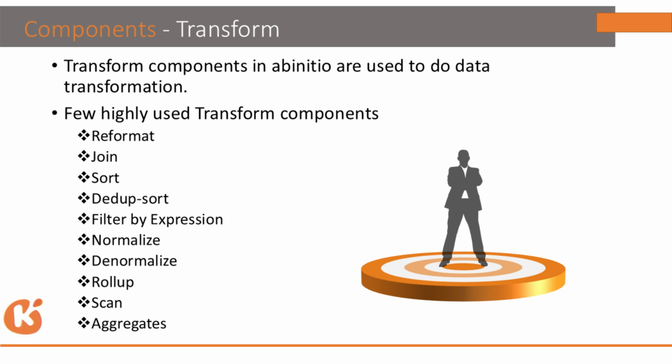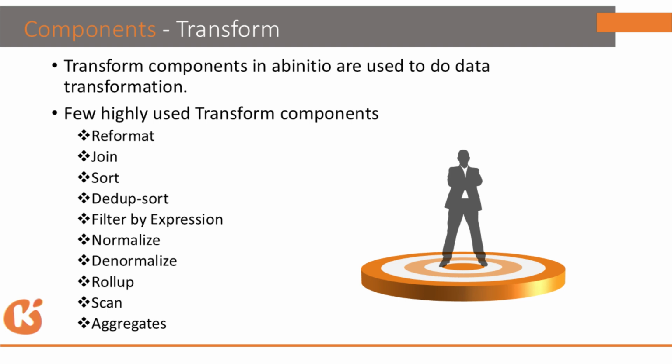We'll take one component at a time and see what different types of parameters that component needs, how to give parameters to that component, and how that component behaves during runtime using those parameters. This is what we're going to see in the upcoming session.